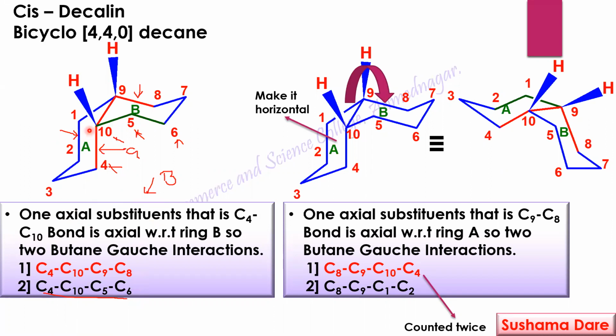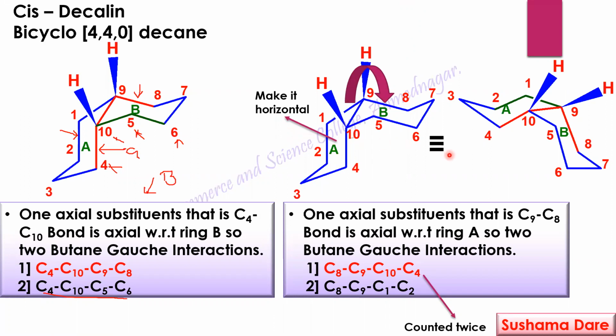Now to see how many interactions there are with respect to ring A, what I am going to do is change the direction of this ring. Instead of vertical, now you can see the arrow direction. Ring B I am pushing in the downward direction so that automatically ring A is horizontal.